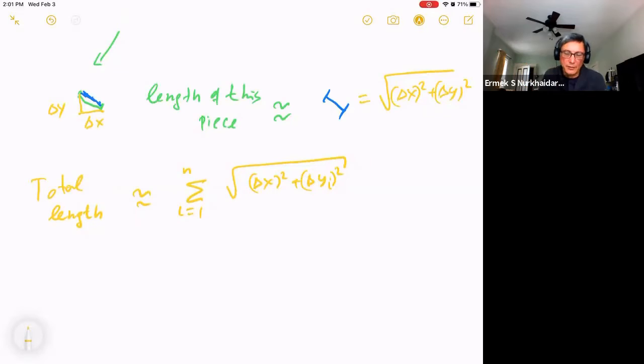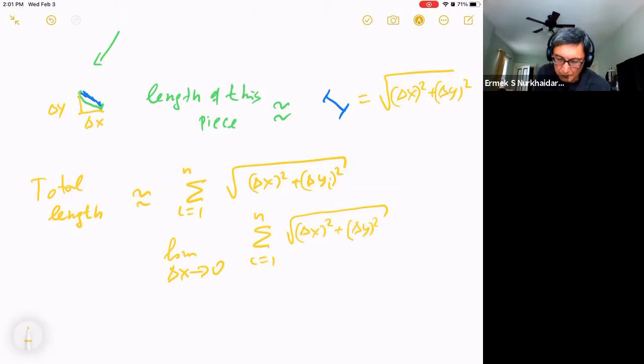Now we take the limit of that approximation when we take smaller and smaller pieces, when delta x approaches 0. And that's going to be the length. We're going to call it arc length, the arc length of the curve.